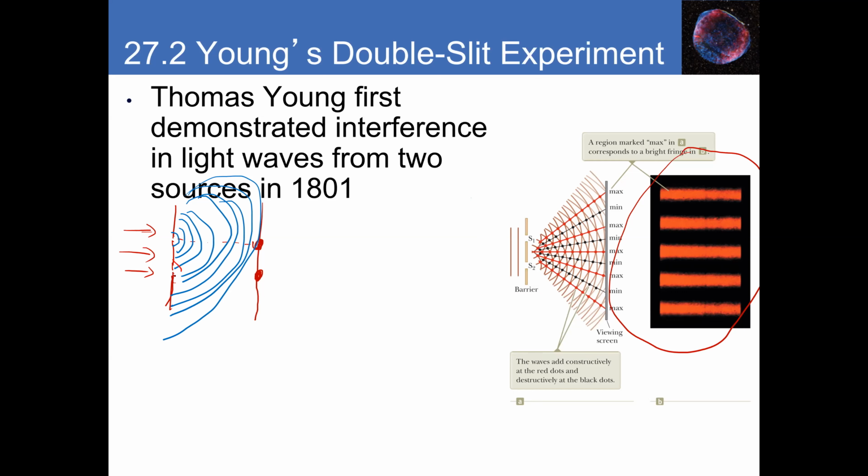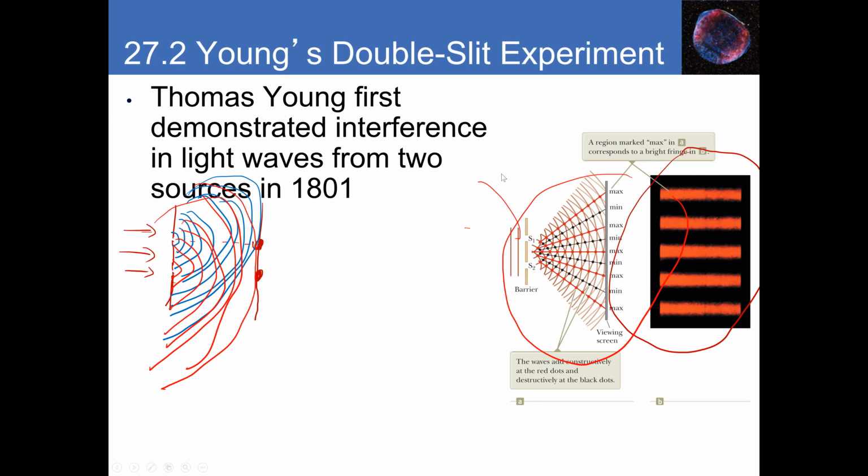Let's say it spreads out like this. It's hard to do with this one. Anyways, like that. And when they interfere, you can see you now have two waves that are interfering. So that's a more complete picture right here.